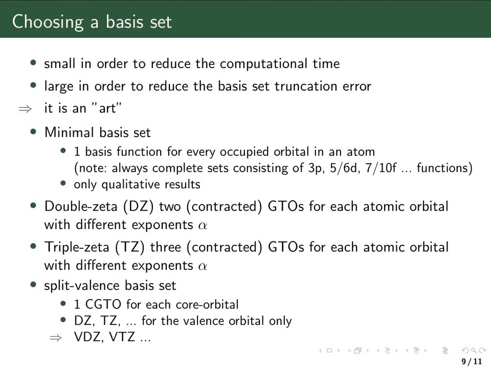So if you're interested, for example, in calculating reaction energies, this contribution of the core, the inner electrons, does not really change, and therefore it's not so important to describe this very accurately.